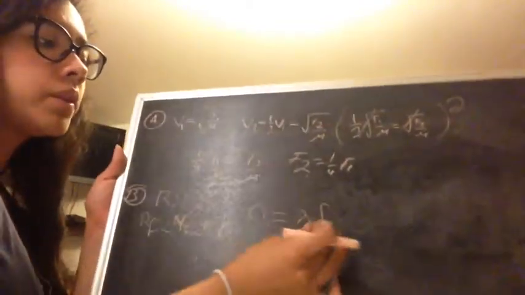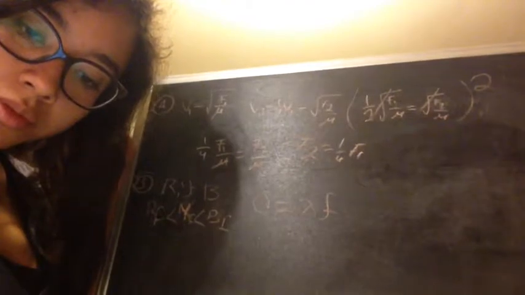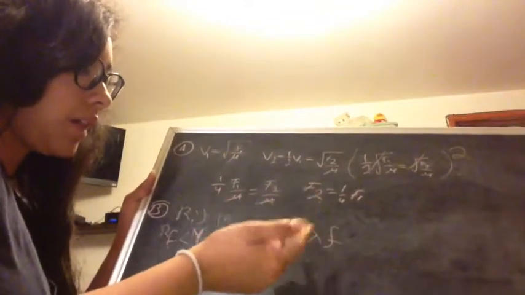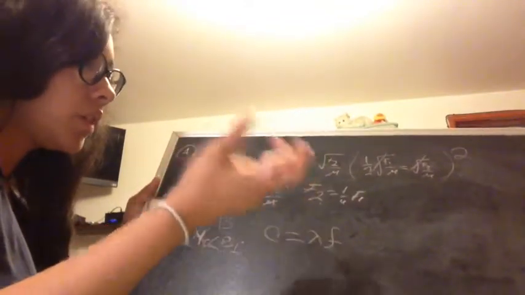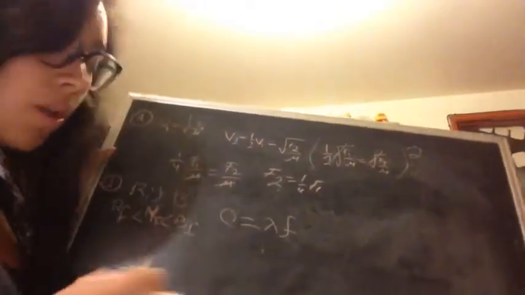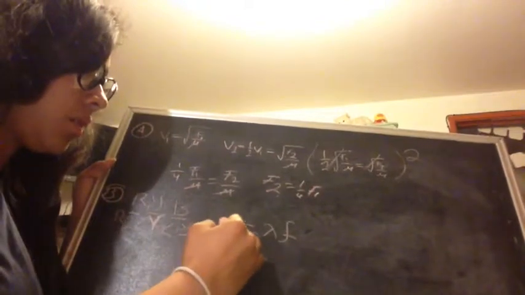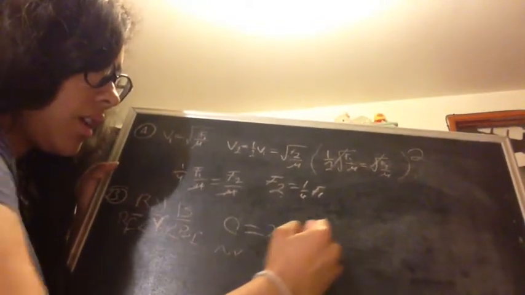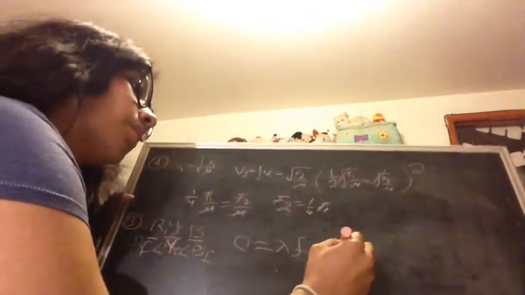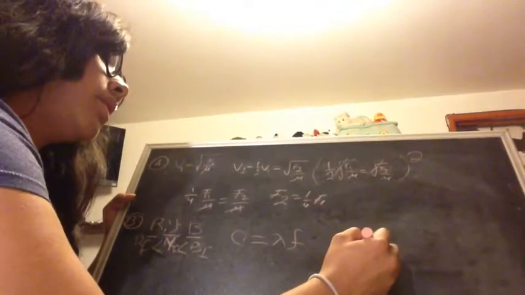So according to this, the wavelengths are going to be blue, then yellow, and at the last, red. So we have this blue, yellow, and red.